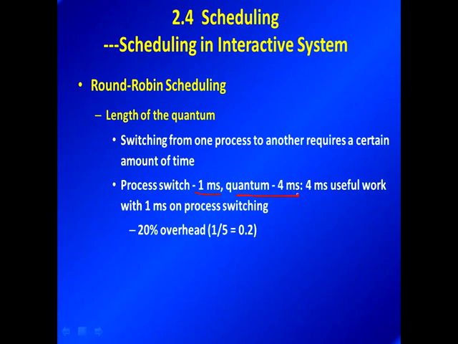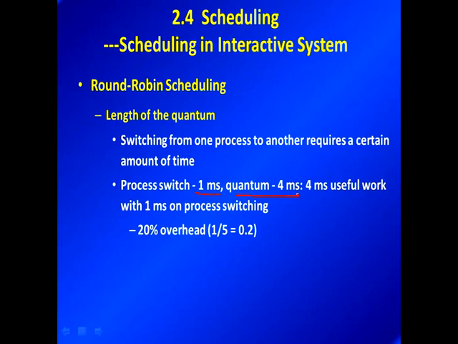That means you pay 20% overhead for the whole system, because every 5 milliseconds, only 4 milliseconds are used to run instructions from the application processes, and the other 1 millisecond is used for the switching operations, right?